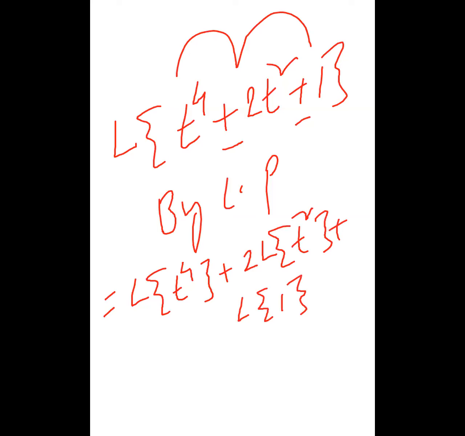We know some results of Laplace transform. Yesterday I explained the formulas for L of t power n. L of t power n has two formulas. One is n factorial by s power n plus 1 and the second one is gamma of n plus 1 by s power n plus 1.